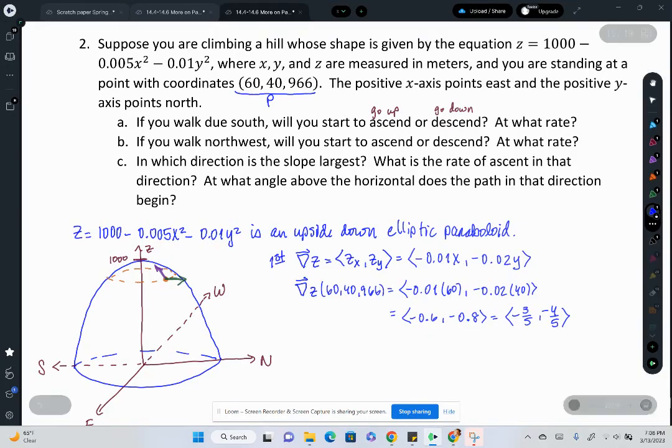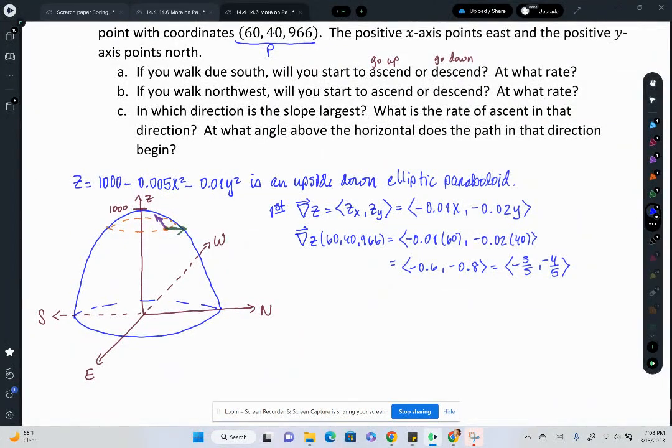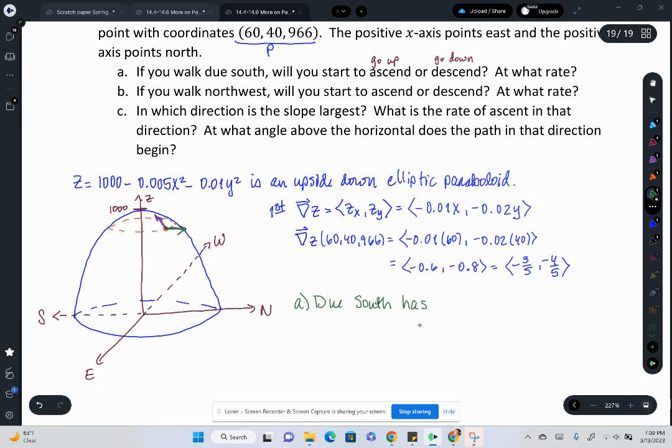We have our gradient vector, and now I want to look at part A. Due south. I need a unit vector, and this is where stuff gets weird. If we're headed due south, there's no movement in the x direction, so that would be 0.